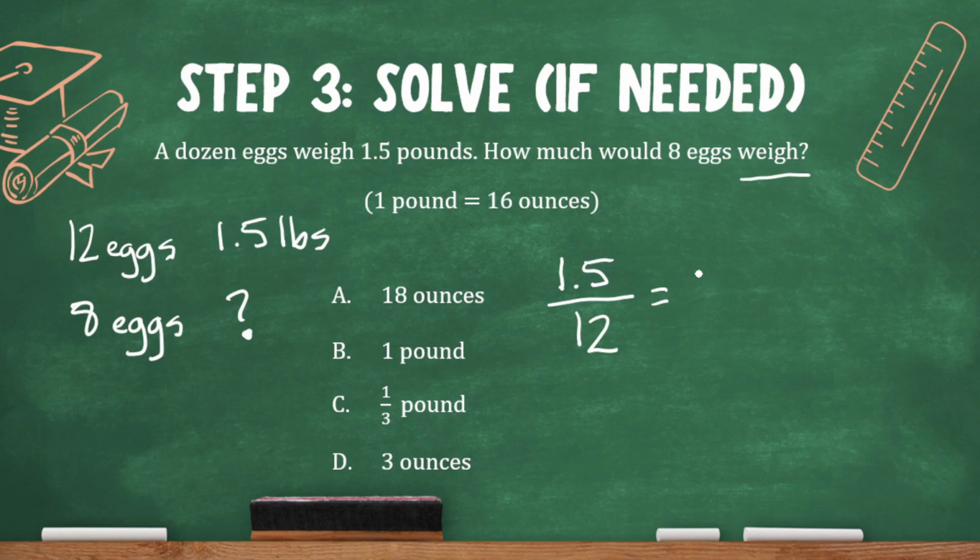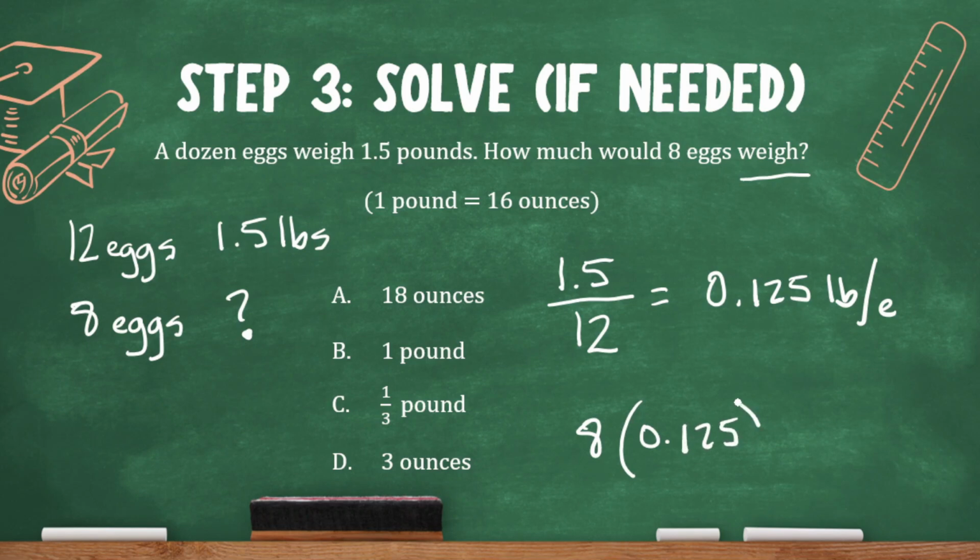So 1.5 divided by 12 is 0.125 pounds per egg. So I'm going to go ahead and multiply that by 8 now to see how much 8 eggs weigh. So 8 times 0.125 is 1 pound. So our answer is B.